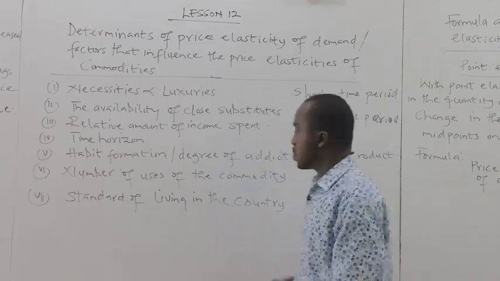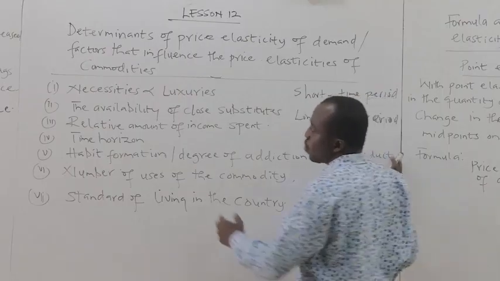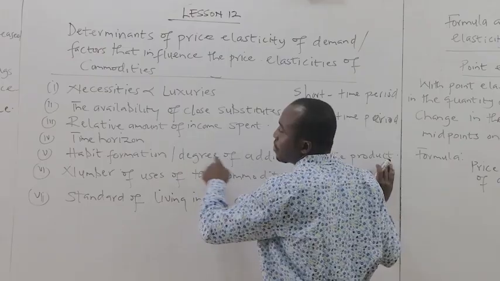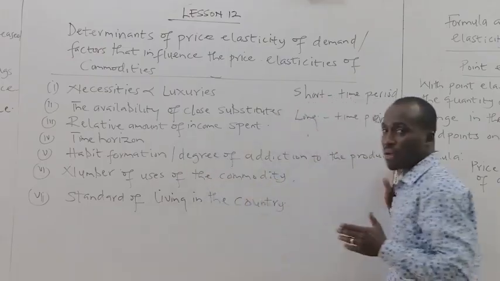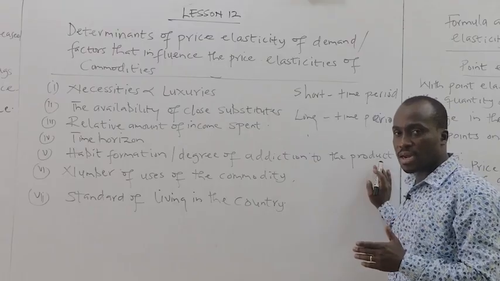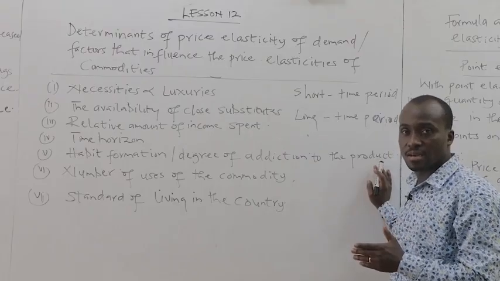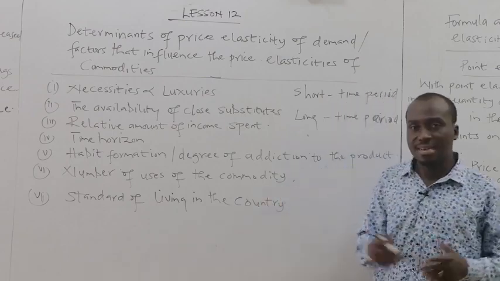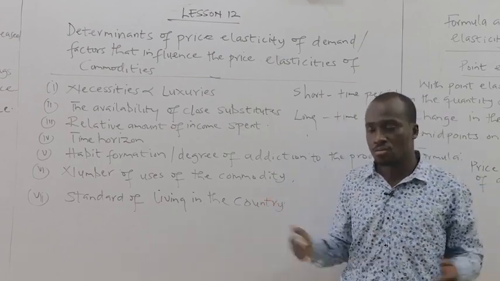So what they want to say is that when people develop addiction for a product, that's habit formation, their demand for that product tends to be inelastic. But people that don't have any addiction for a product, their demand tends to be elastic. Whenever the price goes up, they will shift from that product and go and buy any product they think their money can afford because they don't have any addiction.